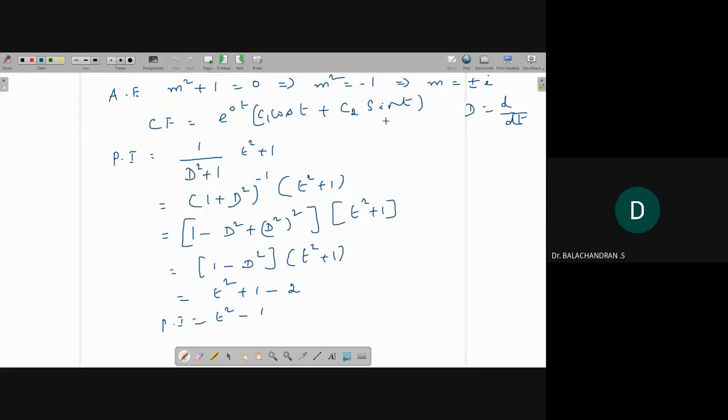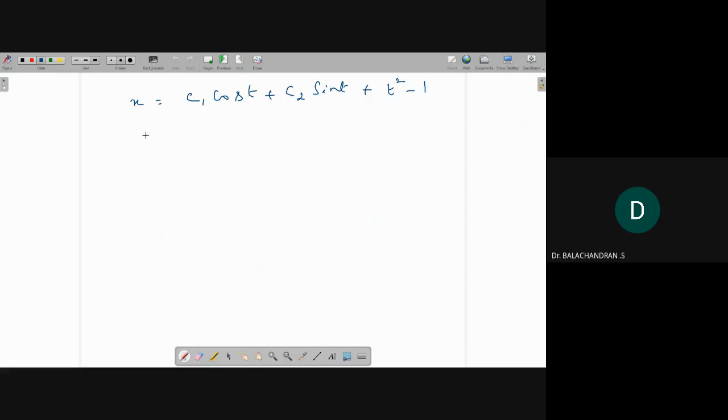Your constants may be C3, C4, because you don't write again the same constants. You should choose C3 and C4. You will get the solution for x and you will get it for y.